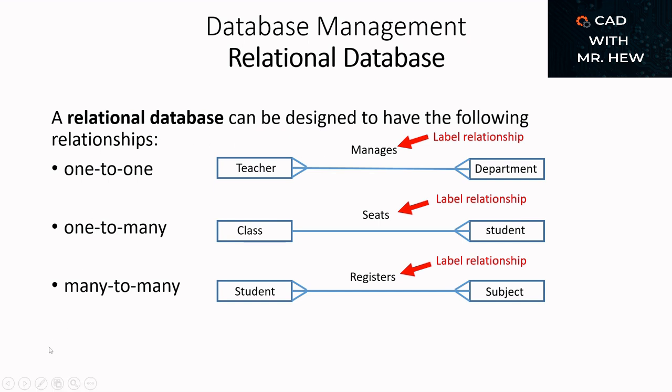So we have the one-to-one relationship. And here we have one teacher manages one department, right? And this is how the diagram is represented. Then we have one-to-many. We have a class with seats and we have many students assigned to those seats, right?